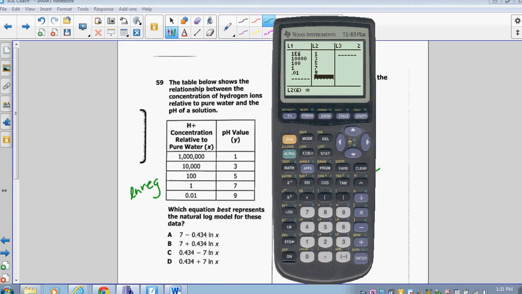Okay, and then we need to do stat and calculate, and the ln reg is the logarithmic regression. A lot of people want to do logistic, and that's not the right one. It's ln reg. So it's going to be 7 plus negative 0.43 ln x, and that's going to be answer choice A.